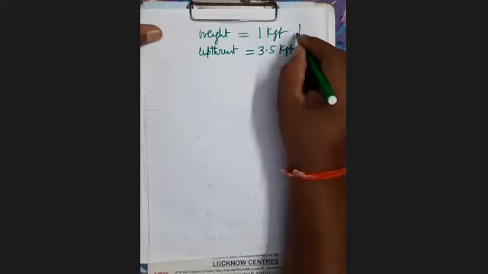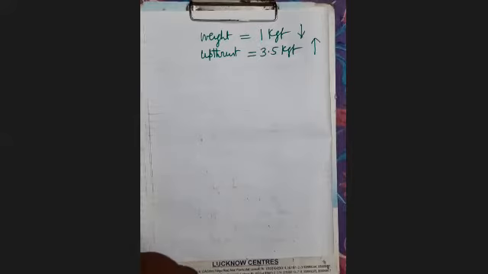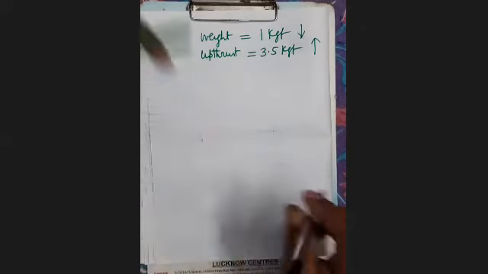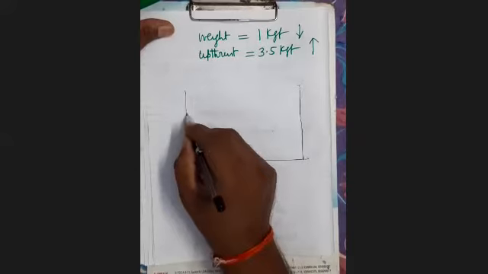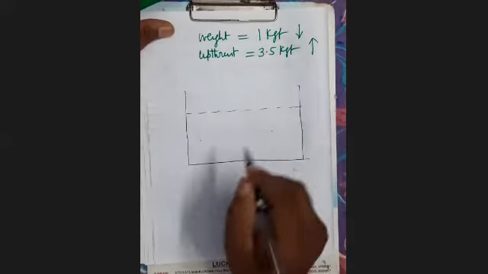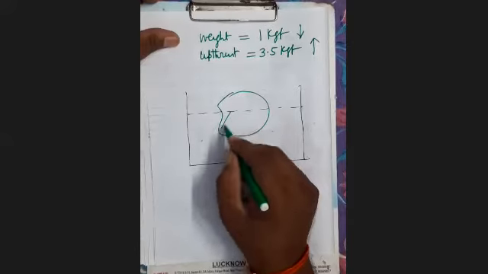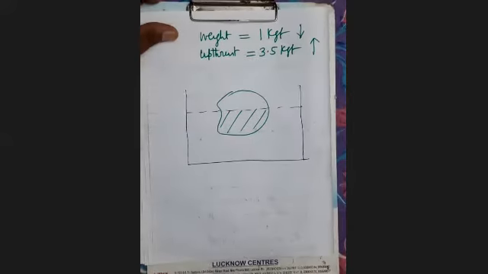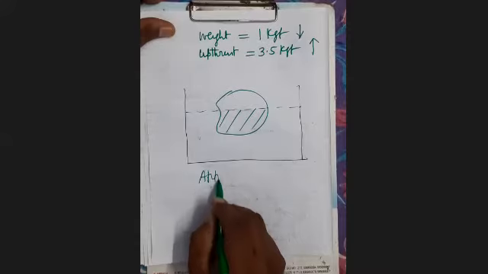Weight is less, upthrust is more. So as soon as you will leave the body, what will happen? Body will come up on the surface and floats in such a way that it is partly immersed and partly outside. What will be the apparent weight here?